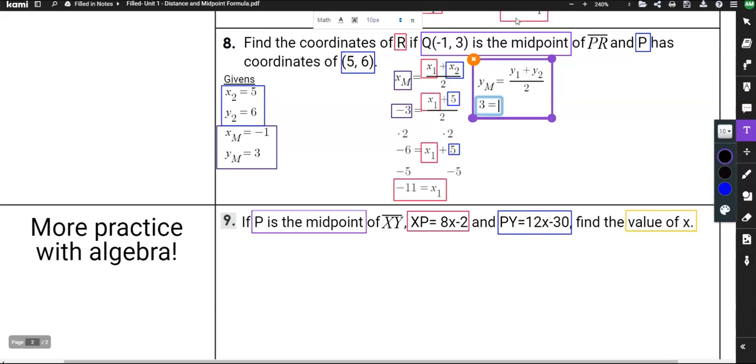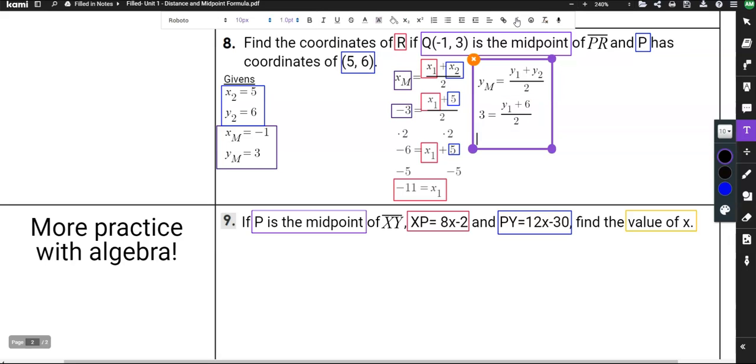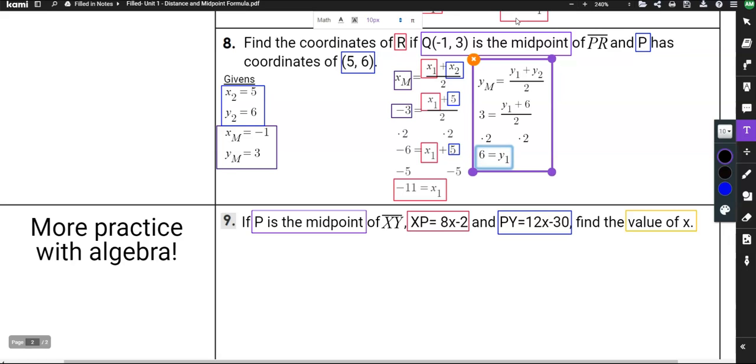So y sub m is 3, and that's going to be equal to y sub 1, because we do not know what y sub 1 is, added to 6, and again divided by 2. Once again, we're going to multiply both sides by 2 in order to rid ourselves of the denominator there, which will leave us at 6 is equal to y sub 1 plus 6.